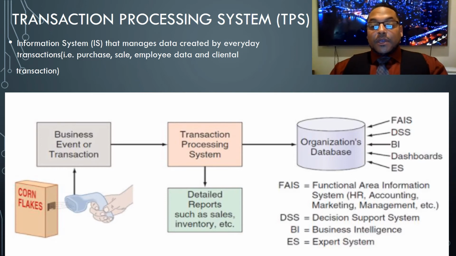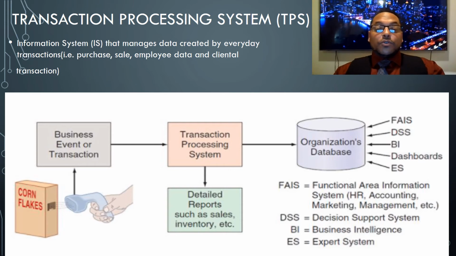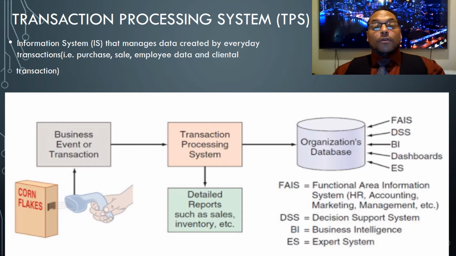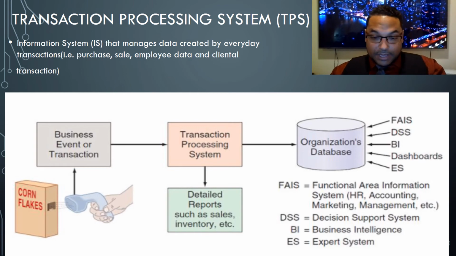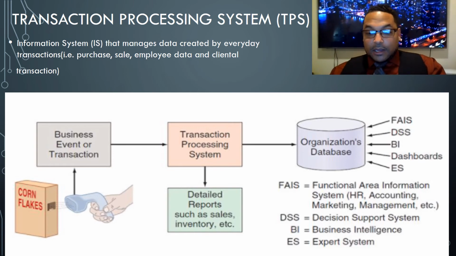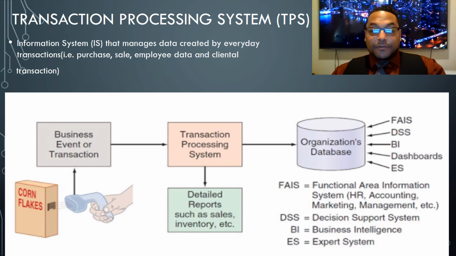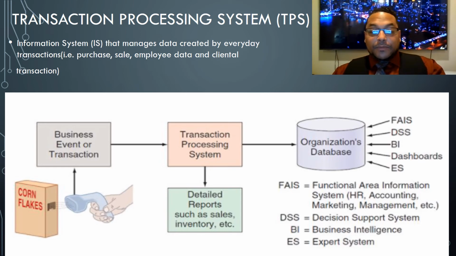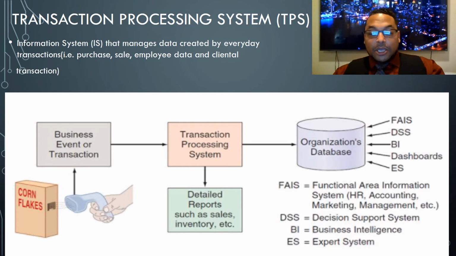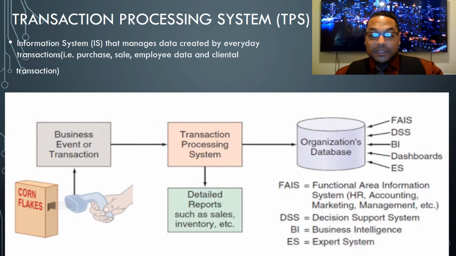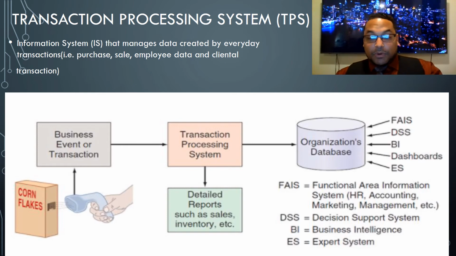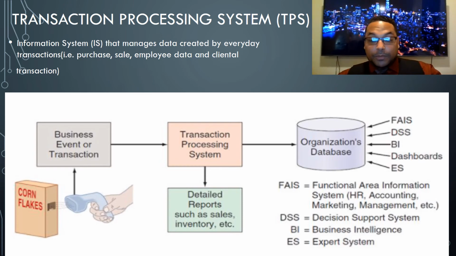Expert systems, trainers who are going to be training employees based off the information provided by the organization's database, business intelligence, forecasts that can be gathered from the information input in the organization's database. Decision support system, executives who are going to make decisions based off the information provided in the database, which is all cumulative from multiple transactions.